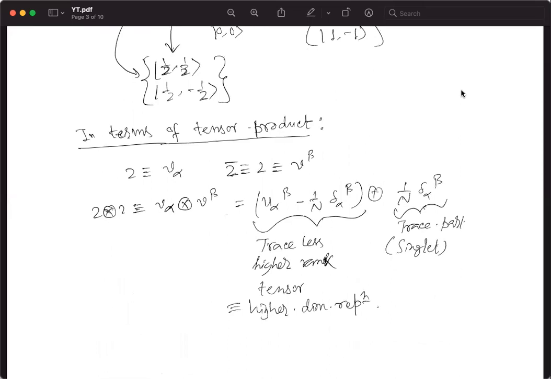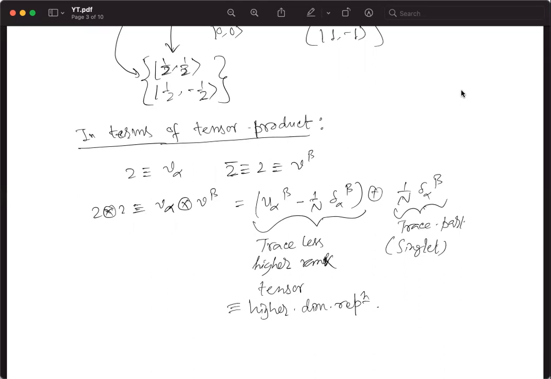So the two-dimensional representation can be written as a vector, say V alpha, and 2 bar, which is a conjugate representation. And for SU(2), this 2 bar and 2 are the same because SU(2) has real representations, and this is represented by V beta. So this 2 cross 2 in tensor notation is basically V alpha direct product V beta, and from there we can construct a symmetric traceless tensor and a trace part.